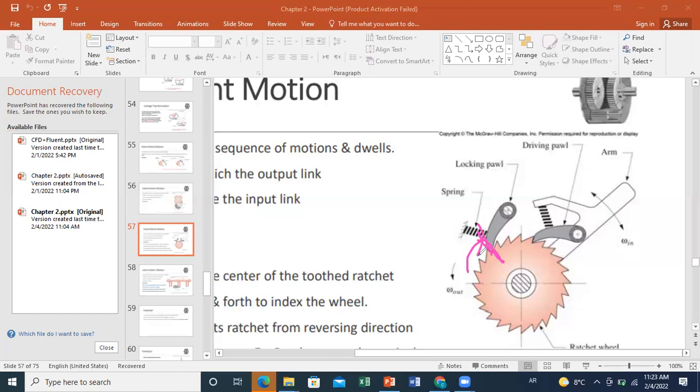This is why we say we can create an intermittent motion for the ratchet wheel, because when the arm moves in this direction, the ratchet wheel can rotate. However, when the arm moves in the opposite direction, the locking pole will have a blocking effect and will not allow the wheel to move.